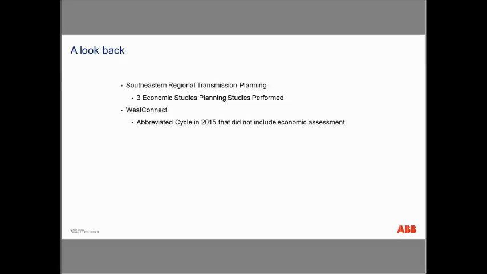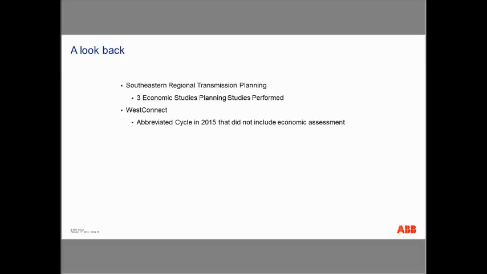Continuing a brief look back, the Southeast Regional Transmission Planning organization performed 3 economic studies during their 2015 process, and of those, they didn't identify a need for solutions for those 3 items that they studied.